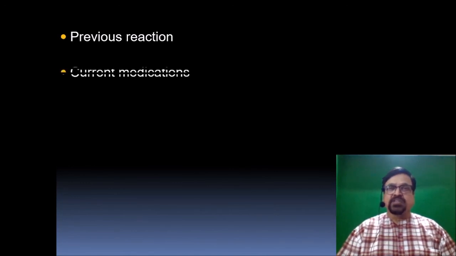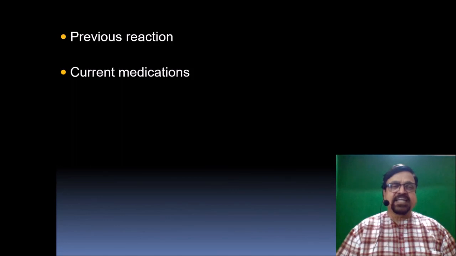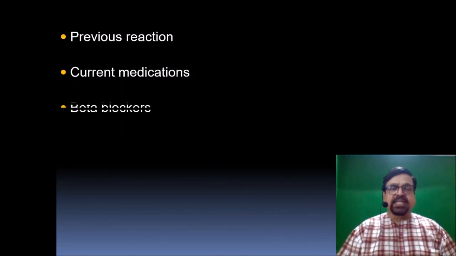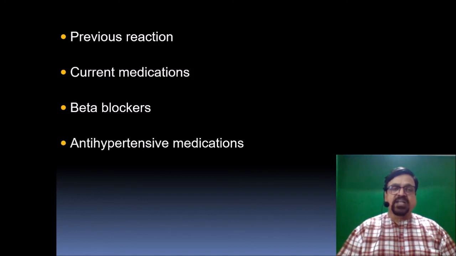Asthma is a relative contraindication, and for newer medicines there are not many reactions related to asthma with non-ionic contrast. Previous reaction history has to be known, and current medication has to be known for drug interactions, for example if the patient is taking beta blockers or antihypertensive medicines.